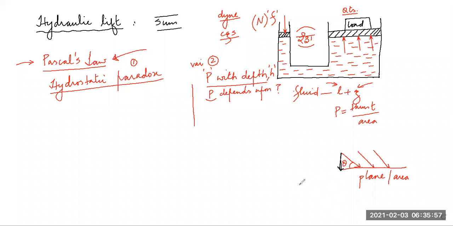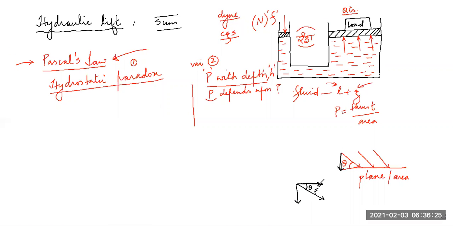right? We know that any vector, any force can easily be resolved into two components. This is one component of this force, and this is the second component of this force. And students, I'm telling you a trick. Suppose this force is F, and let's say this angle is theta. So anyone can tell me what will be this component?